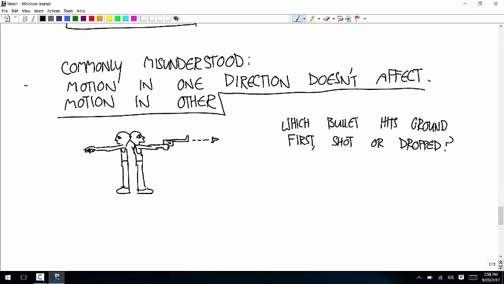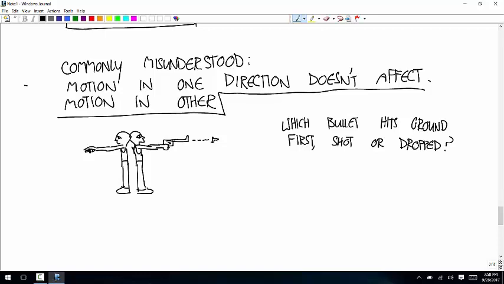Okay, so the intuition that most people have naturally is that there's something about the really fast horizontal motion of the bullet that's going to keep it from hitting the ground as quickly. The one that's dropped is going to hit the ground first.